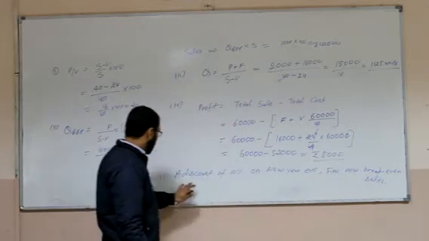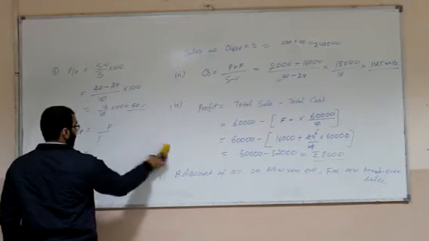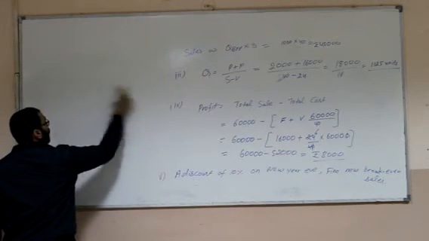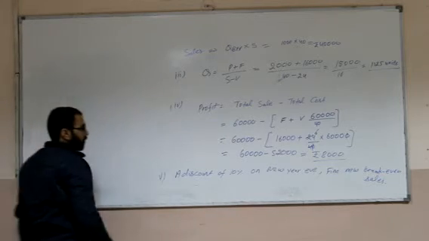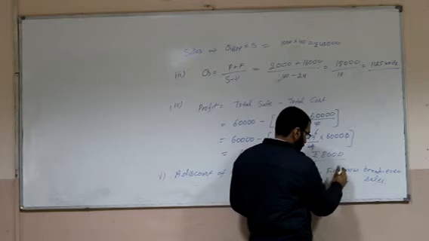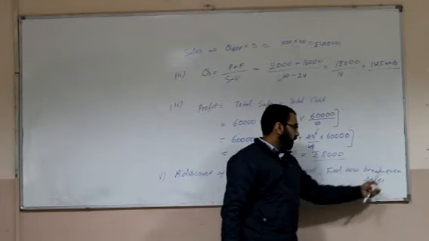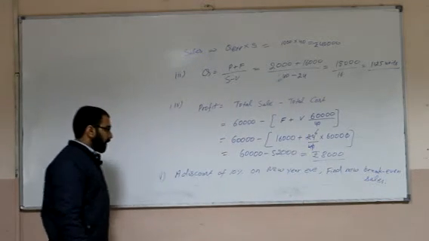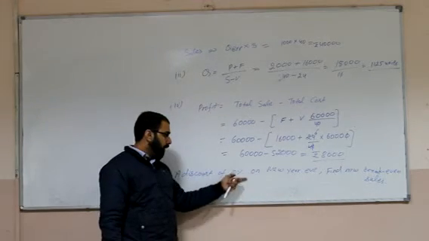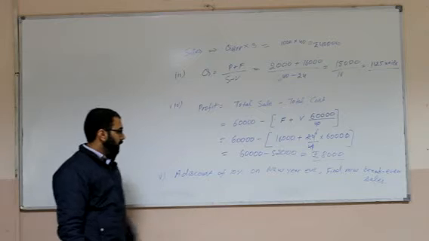Now come to the last, a discount of 10% on New Year Eve. Find the new break-even sales. A discount given means the selling price per unit will reduce by 10%.